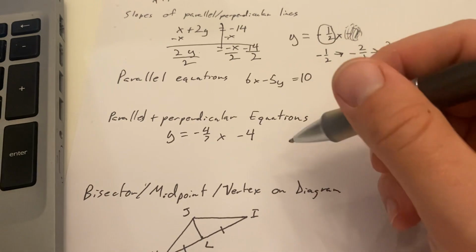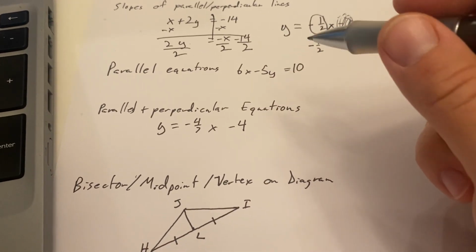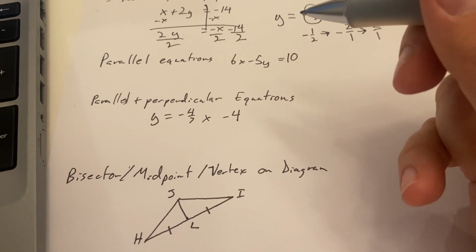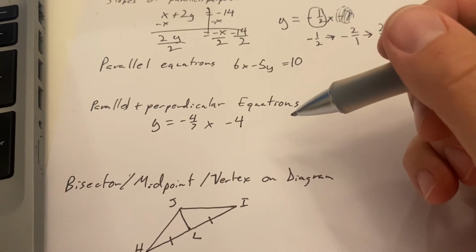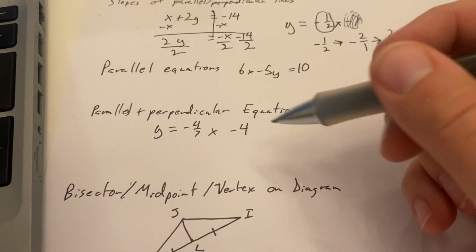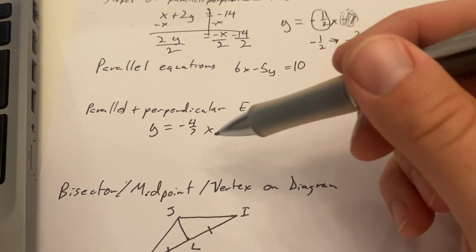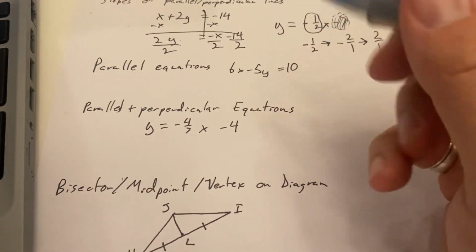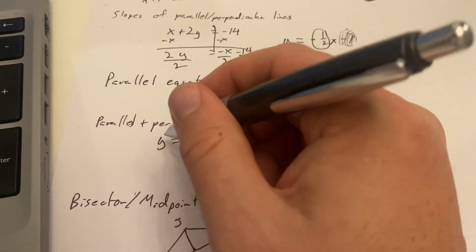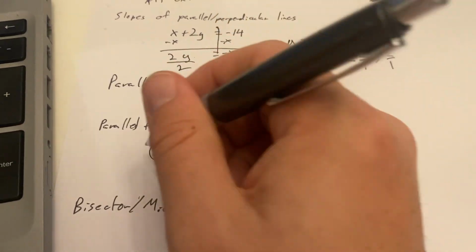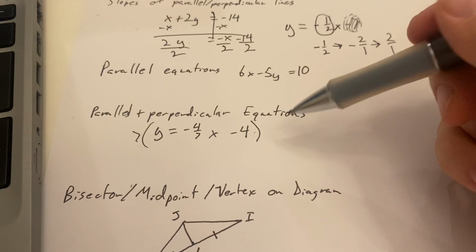And then they were giving me a lot of different standard form. AX plus BY is equal to C. If you want to know what that would look like if I were to take this one and make it into a standard, what I would do is multiply everything by 7.